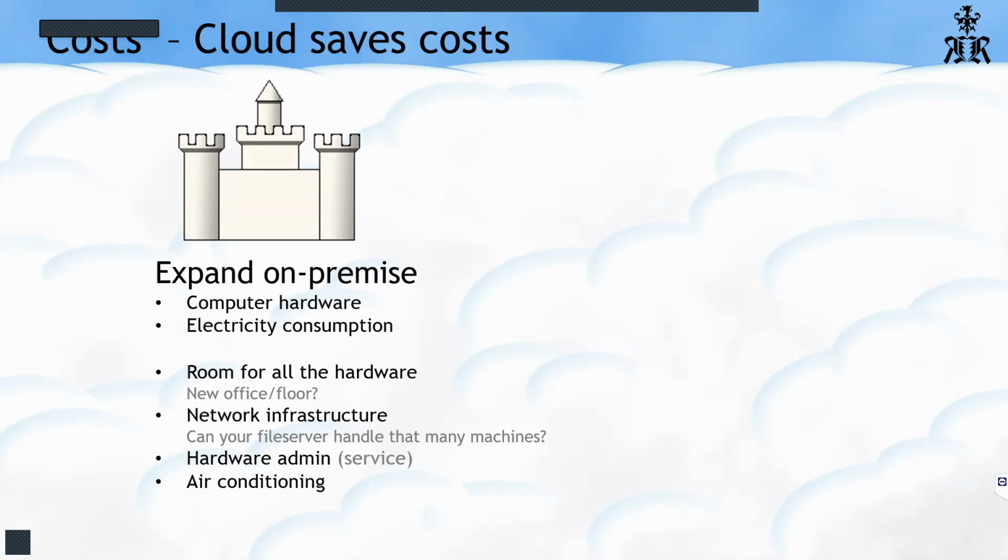If you want to expand on-premise, you have, of course, to buy your hardware. You have to take into account the electricity consumption. Do you have enough room for all the hardware? I know a company in Munich, a visual effects company, they had to spread all their computer racks all over the floor and they put some computers into the basement of the building, and he asked me to touch their main power line, and the main power line was really getting warm.